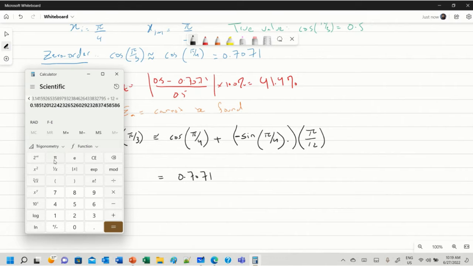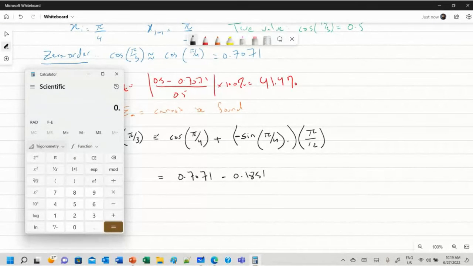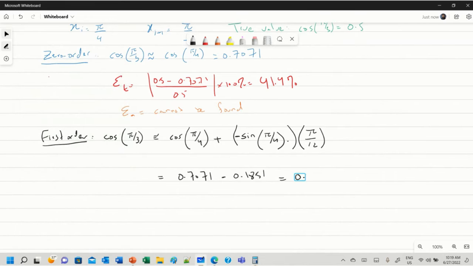So that's 0.1851. So minus 0.1851. So 0.7071 minus 0.1851. So it's 0.522. And you can find the true error, which is going to be 0.5 minus 0.522.